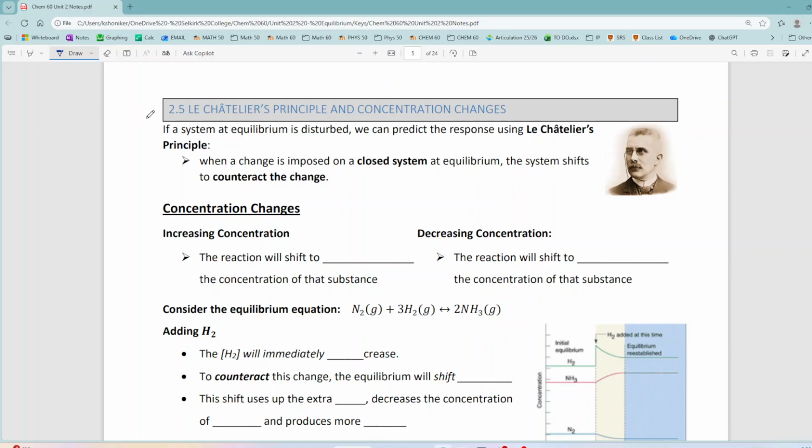So, the next topic. We've talked about dynamic equilibrium, then we talked about spontaneity, and now we're going to talk about Le Châtelier's principle.